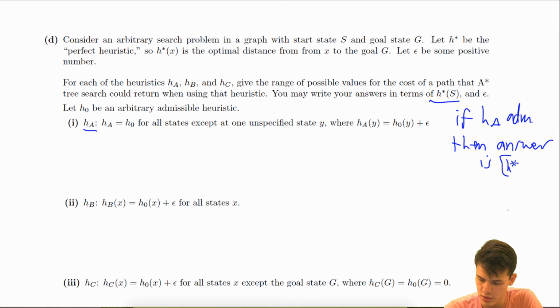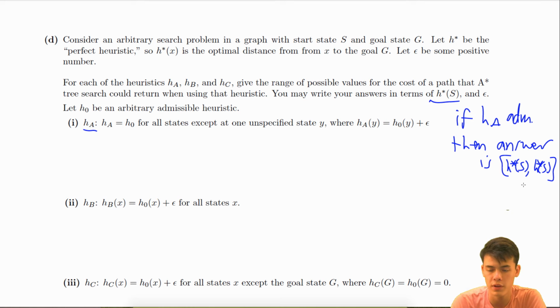It's just going to be H star of S, because we know that using A star with an admissible heuristic is always going to give us the right answer. So these problems are interesting because these heuristics turn out not necessarily to be admissible. So then we have to reason about how bad is it going to break our algorithm A star? Like, how bad is the result possibly going to be? So that's kind of what this is about.